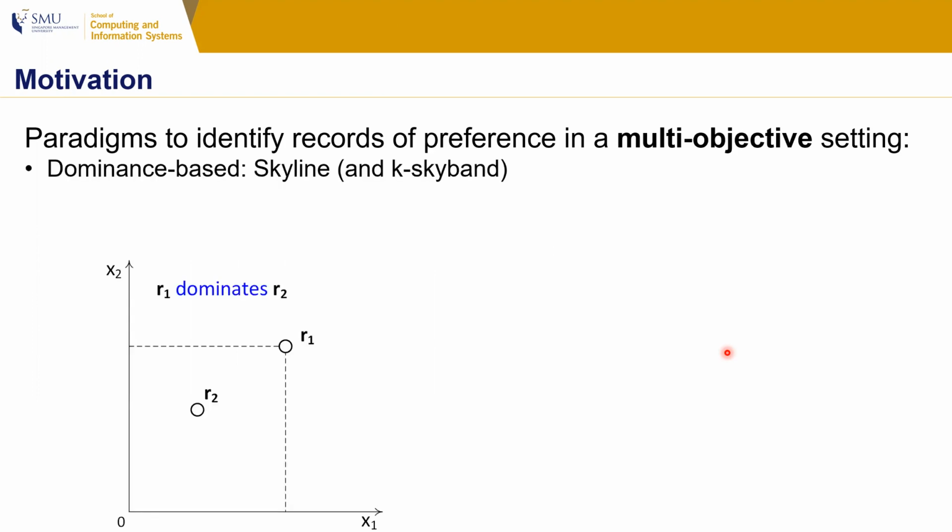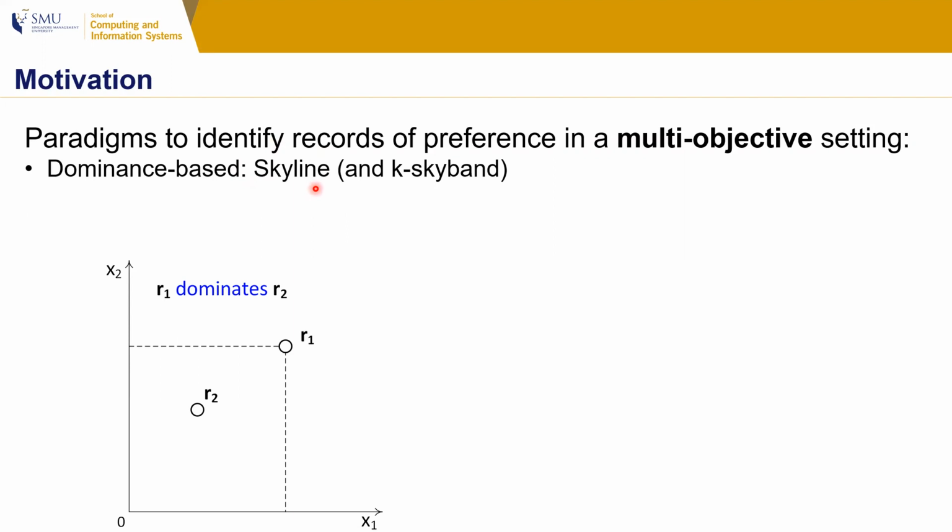The first one is dominance-based, in which case, if a record has higher attributes on all dimensions compared to another record, then we say that the first record dominates the second. So if we select those records from a data set that are not dominated by any other record, then we're simply getting what is commonly known as the skyline of the data set.